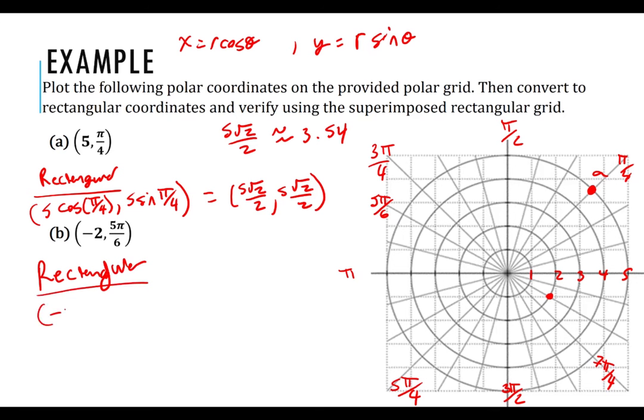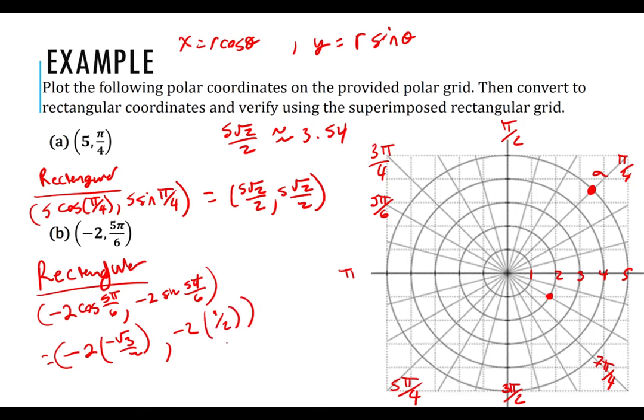The rectangular coordinates are then negative 2 cosine of 5 pi 6, negative 2 sine of 5 pi 6. Well, then that's going to be negative 2 times negative root 3 over 2, and negative 2 times positive 1/2.